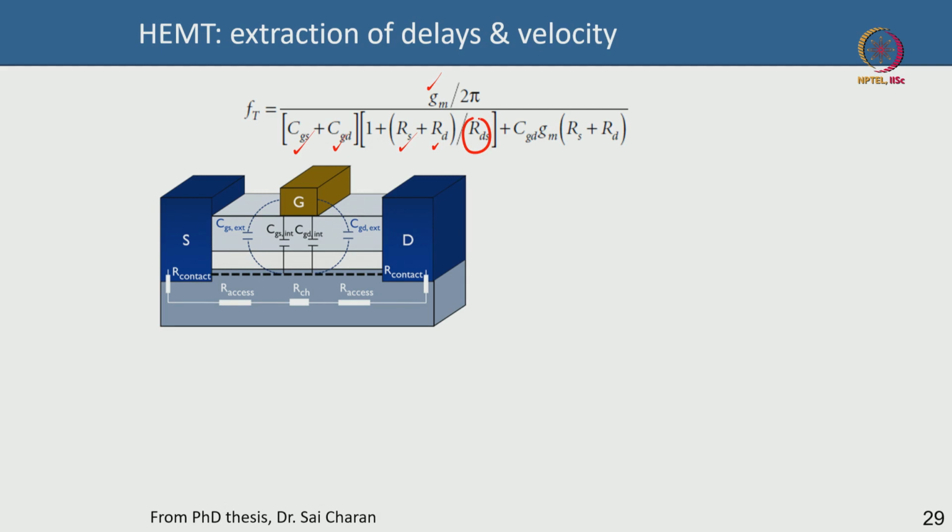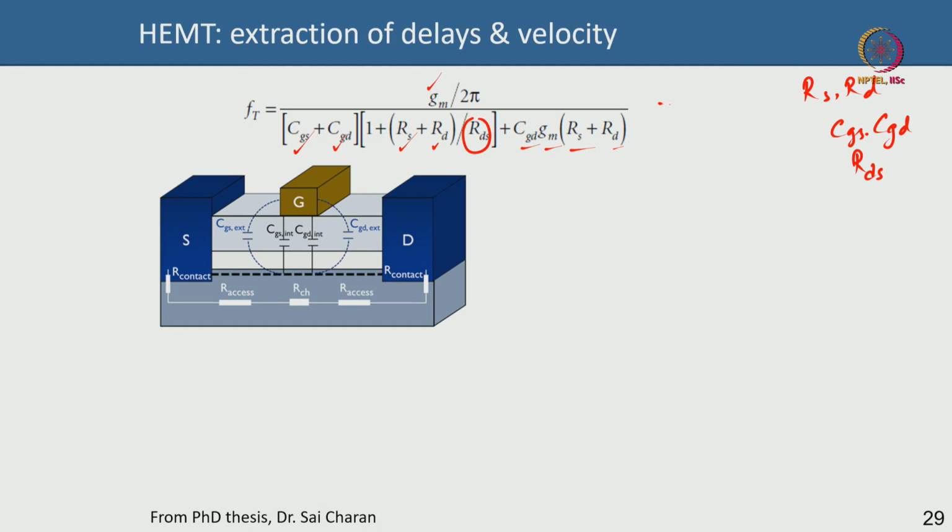Output conductance we already discussed, this is again gate drain capacitance, gm, same thing. So essentially you have to minimize RS and RD, and also minimize CGS and CGD for higher FT, and you have to maximize RDS, or your output conductance should be 0, your output resistance should be almost infinity, that is ideal. That is all fine.